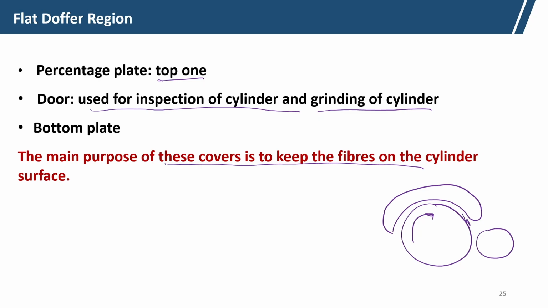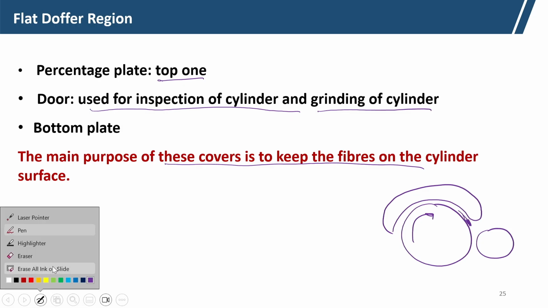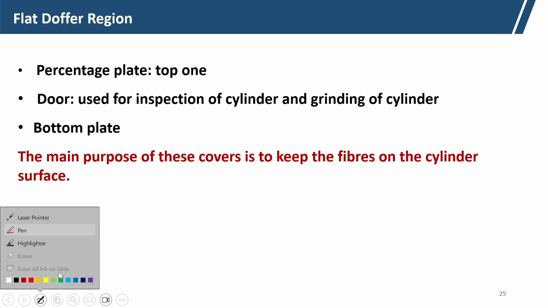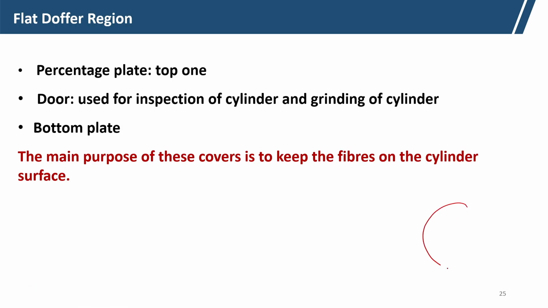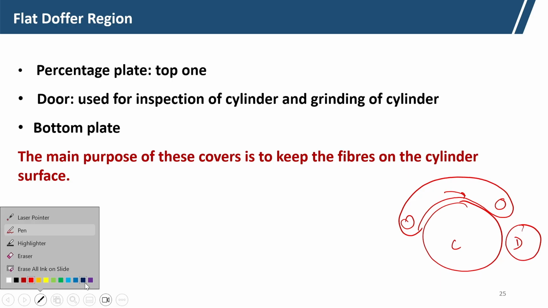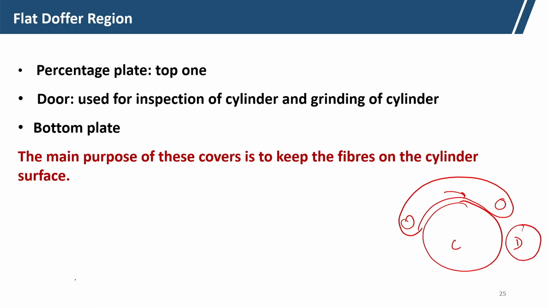As soon as the fiber is coming out of the flat zone, there the tendency is that... Cylinder, flat zone, it is moving, and here is the doffer. What we are discussing now is the flat and doffer zone. The flat and doffer zone is this.